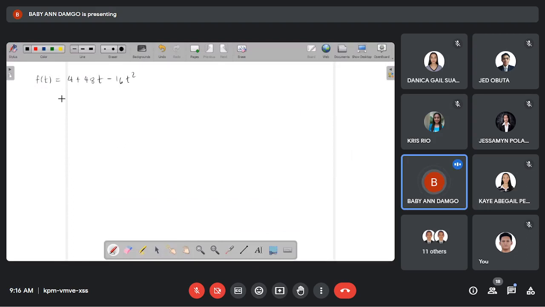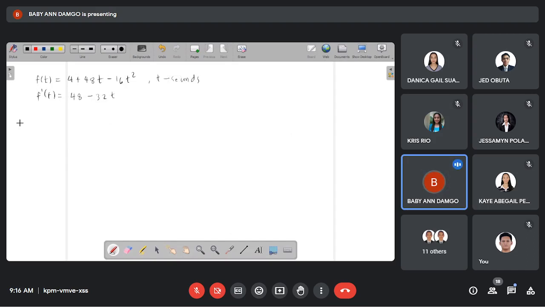Okay, so where your t here represents the seconds, no? Okay, so we have the first derivative. So this is 48 minus 32t.